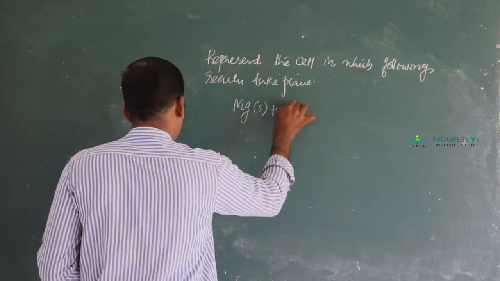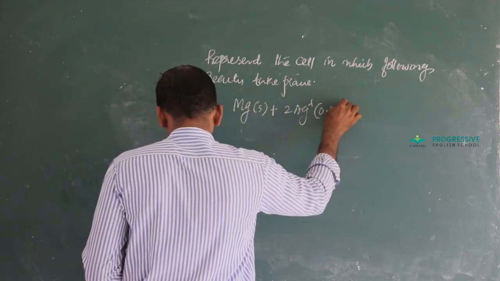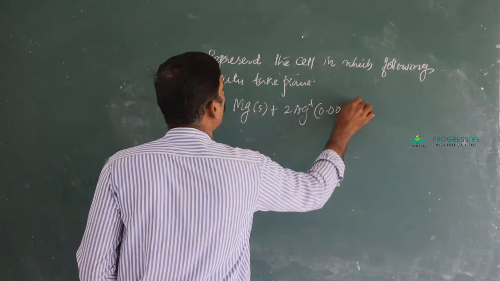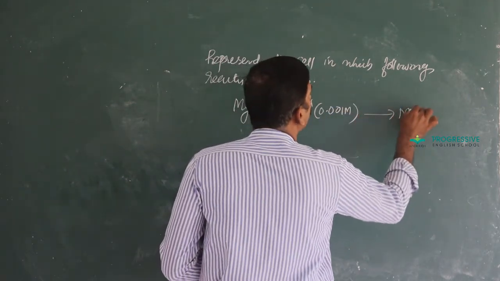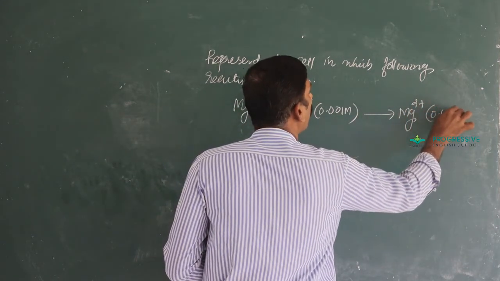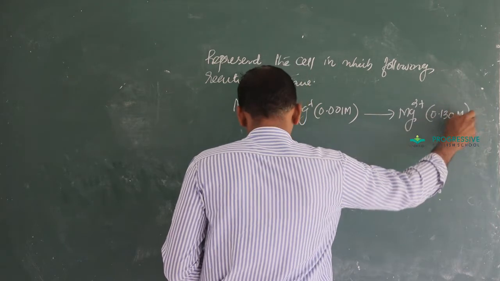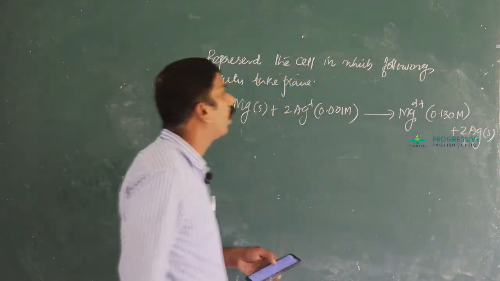Mg in solid state plus 2 Ag plus 0.001 molar gives Mg2 plus 0.130 molar plus 2 Ag in solid state.